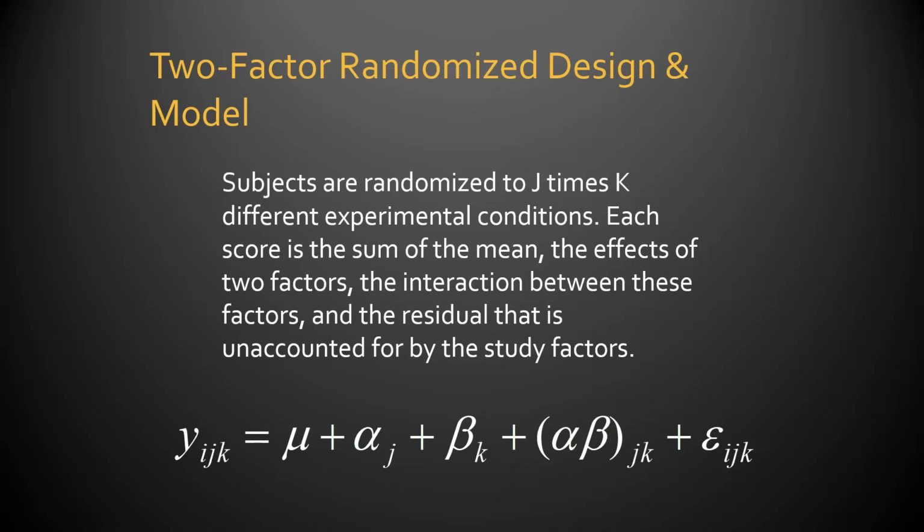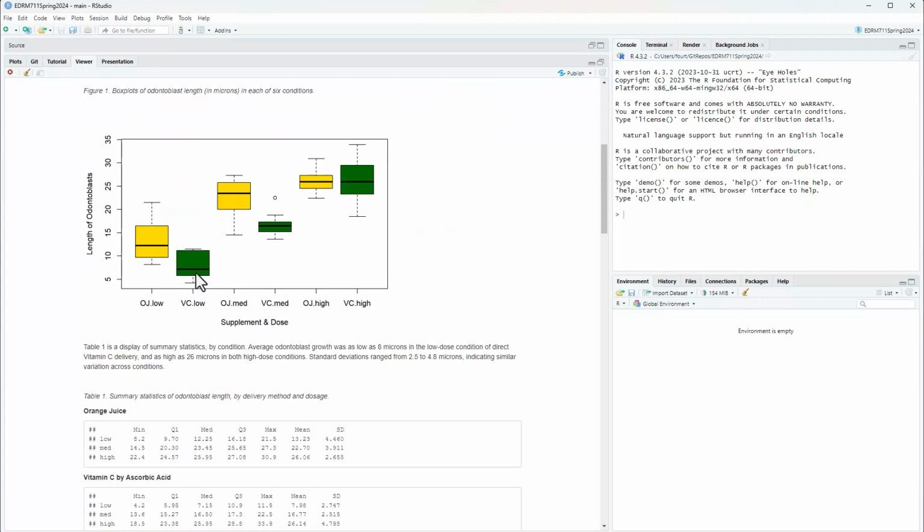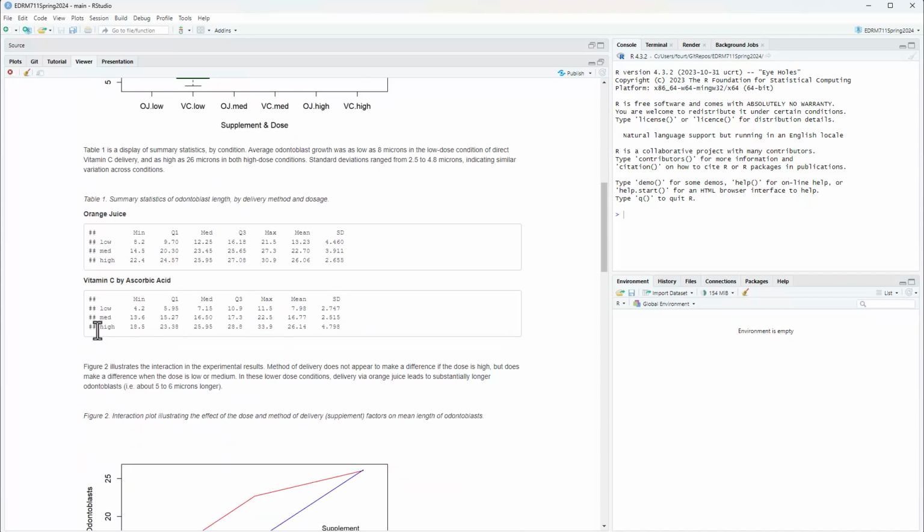If that guinea pig was in another cell, with a different supplement, or a different dose, or both, then the effect alpha would change, the effect beta would change, and the interaction would change. Each of these applies to the cells in the design we have here, in which there are 1, 2, 3, 4, 5, 6 different cells that guinea pigs could be assigned to. So each of those alphas, betas, and alpha betas depend upon which particular guinea pig we're looking at and which combination of conditions they're in.